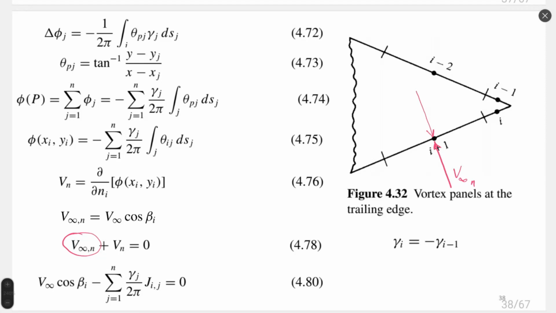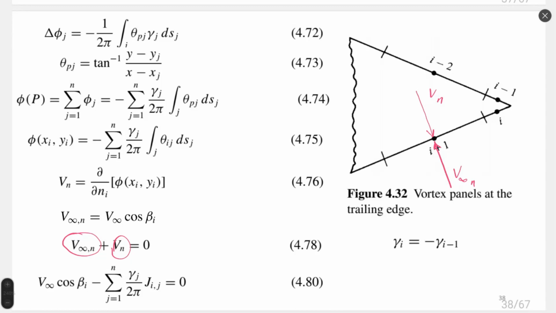Created on airfoil. It does not mean that this velocity is created by a single panel. No, this velocity is created by all panels. All panels contribute to velocity at each point. And this is Vn. Okay, so I hope it's clear. We can just compensate two velocity components.